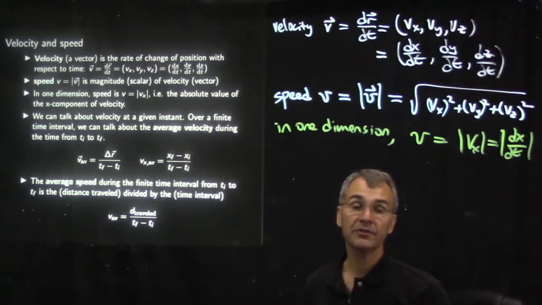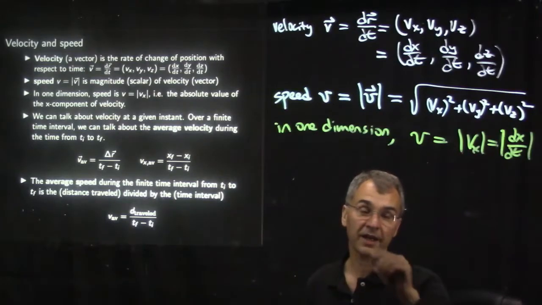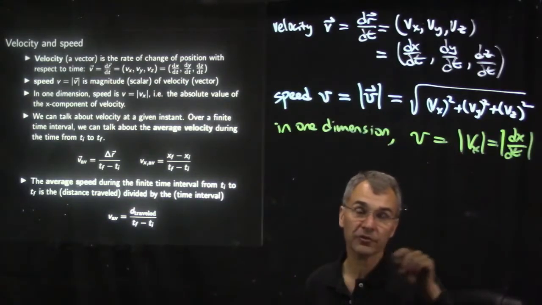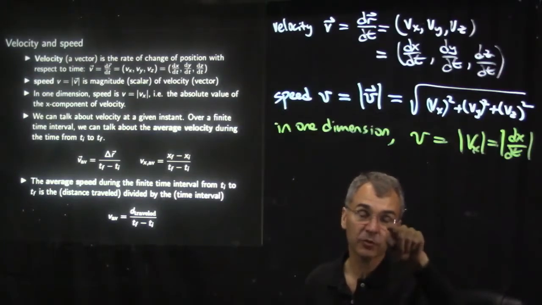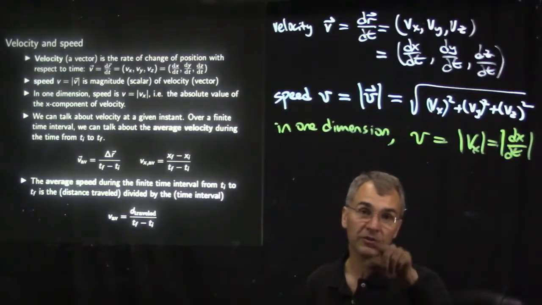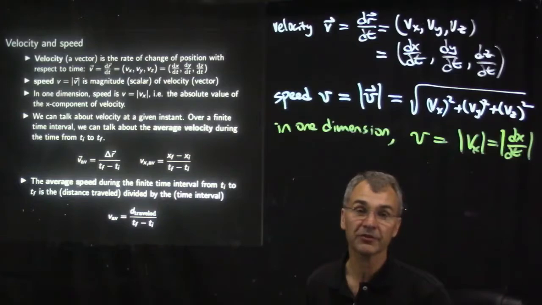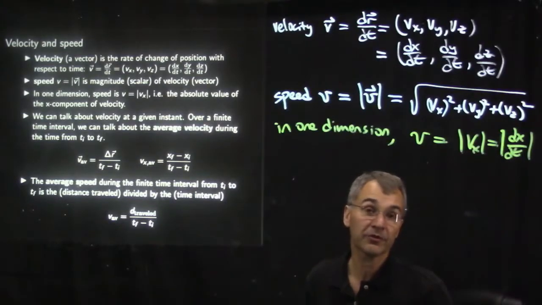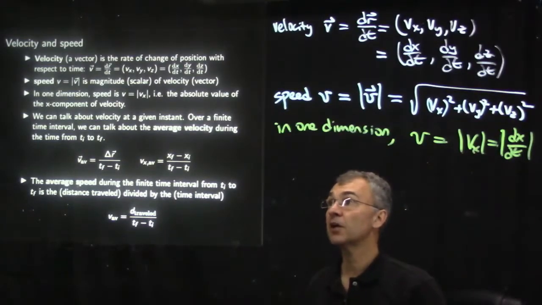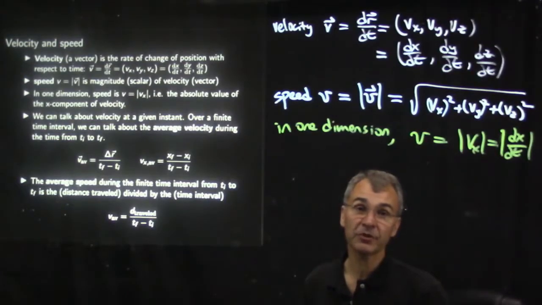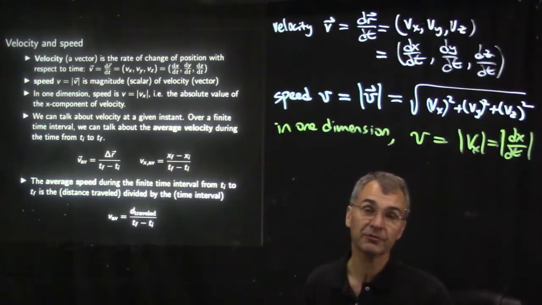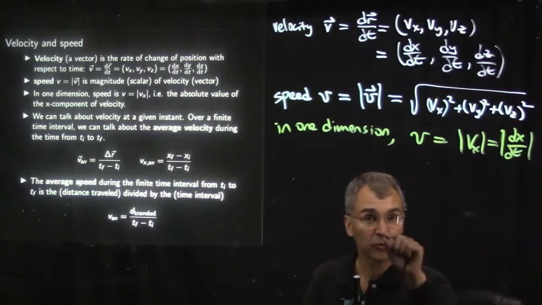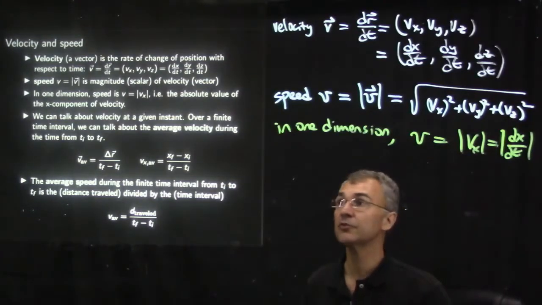At a given instant, we can talk about velocity. So if we're looking at a curve of x versus t, we can look at one particular point in that curve and say, what is the x component of velocity at that point? We can say, what is the speed at that point? Over some finite time interval, from t initial to t final, so not just at one instant, we can talk about the average velocity.